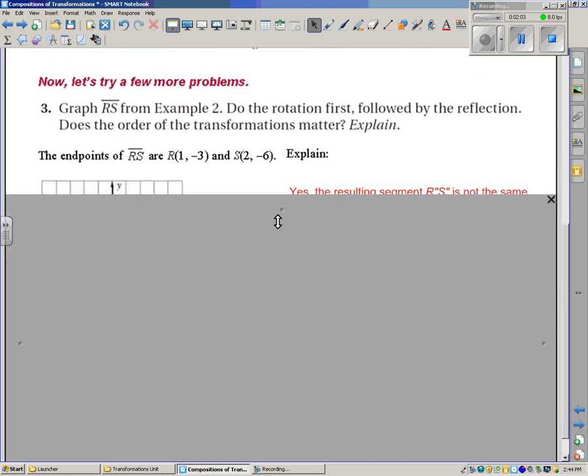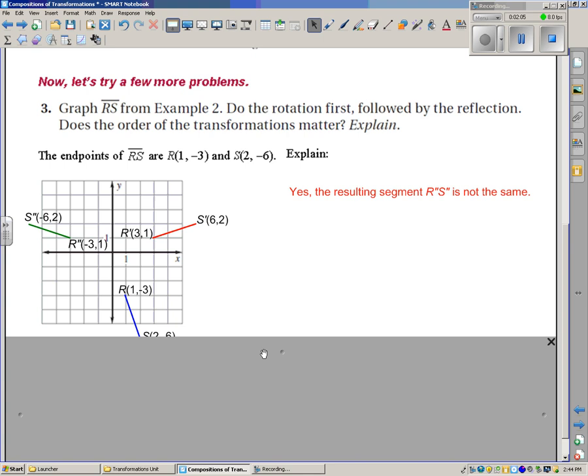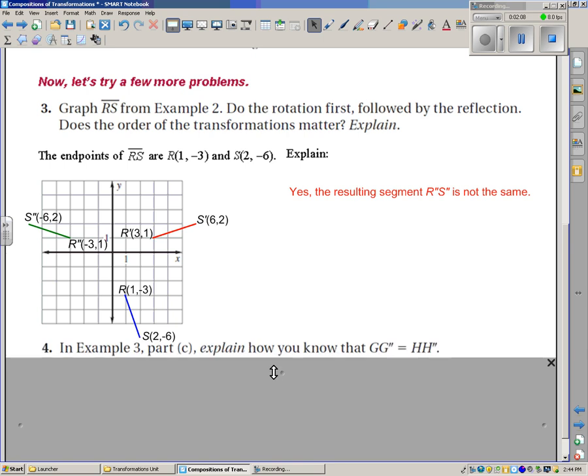So here we have our original segment RS, and then we first rotate it 90 degrees up here to R prime, S prime, and we come up to here to 3, 1, and 6, 2, and then we reflect it about the y-axis, and we end up here at -6, 2, and -3, 1.